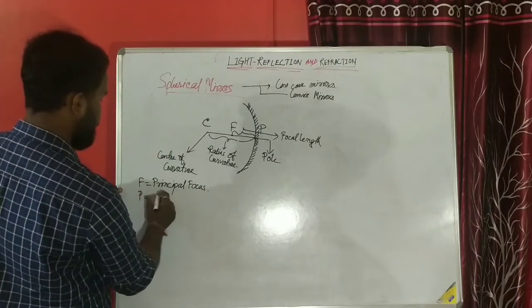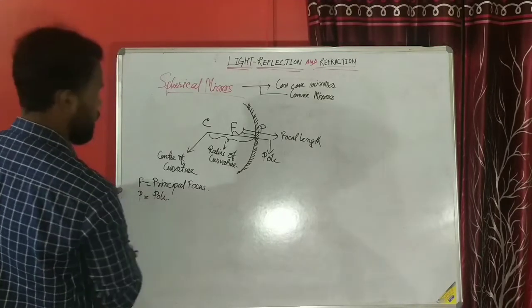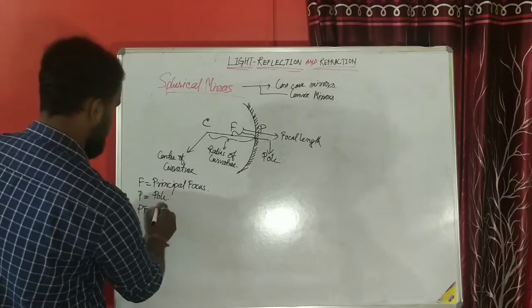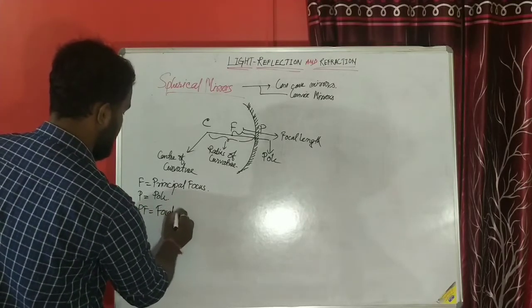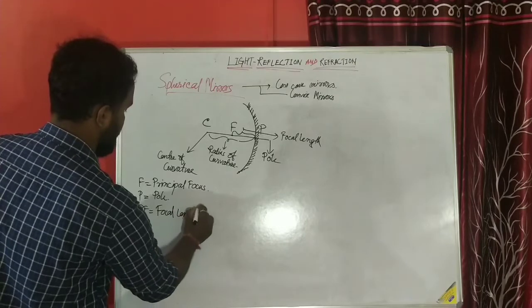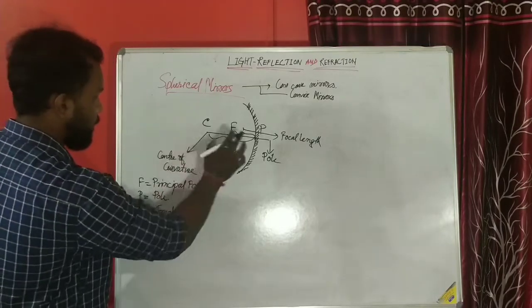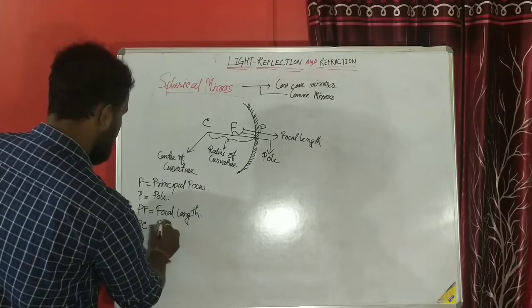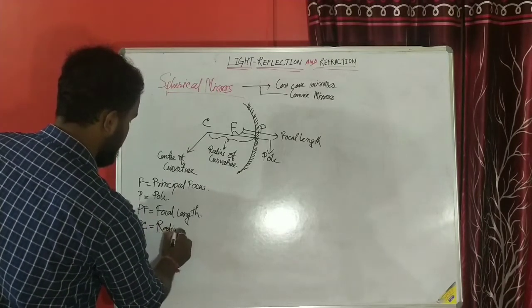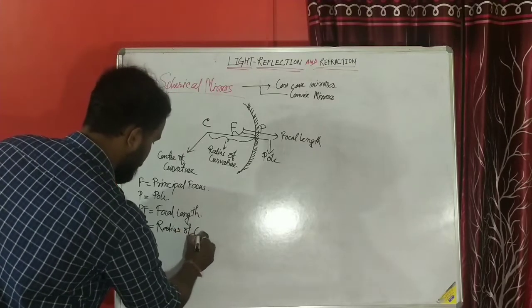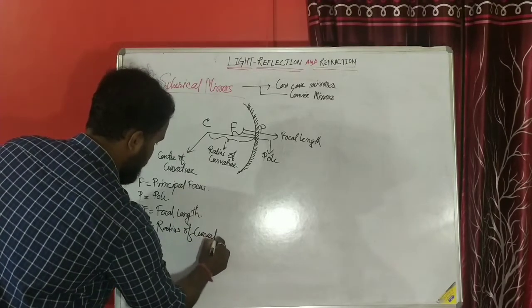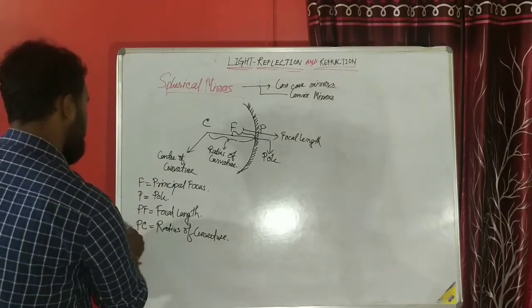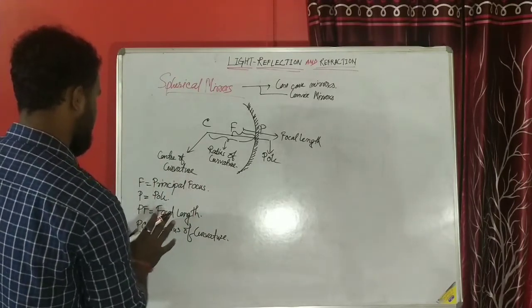P is known as the pole. PF is known as the focal length. That PC is known as the radius of curvature, and this is done.